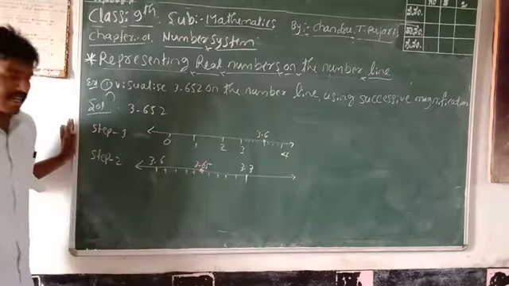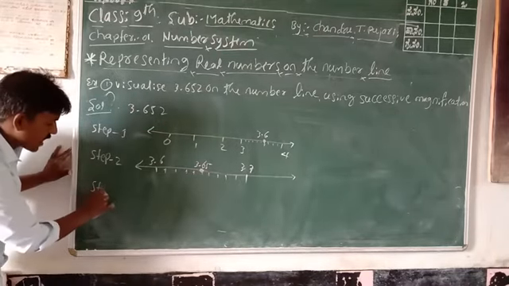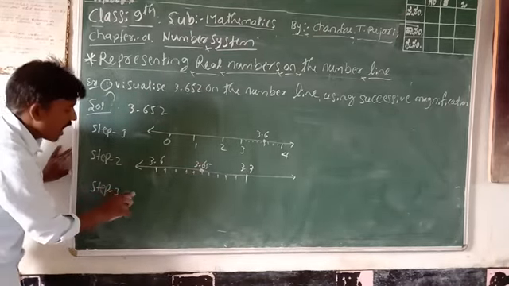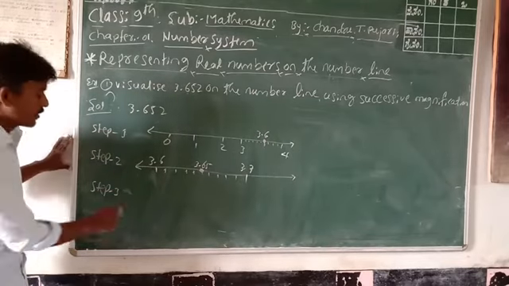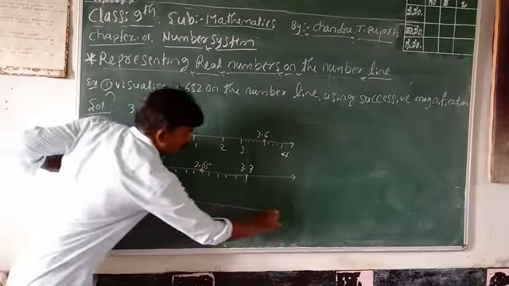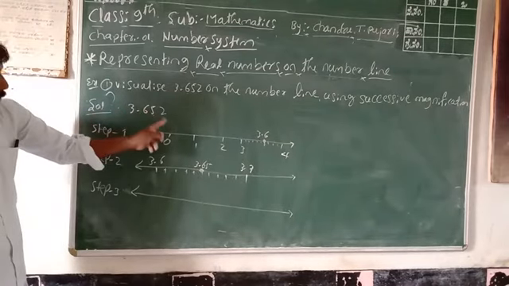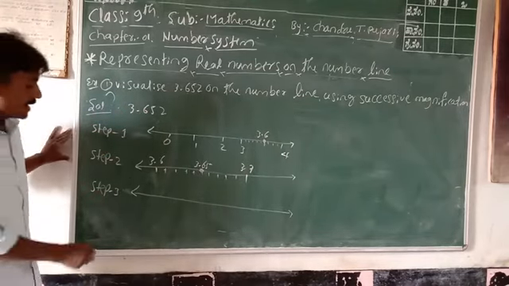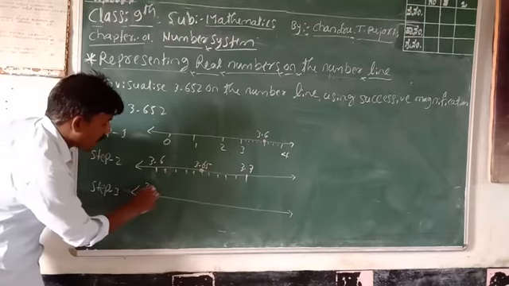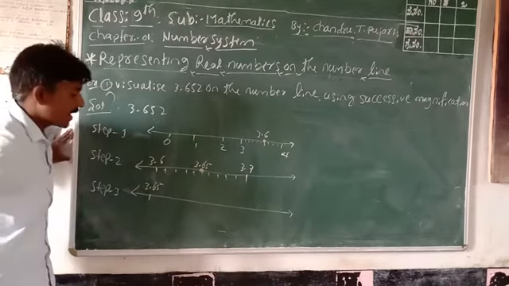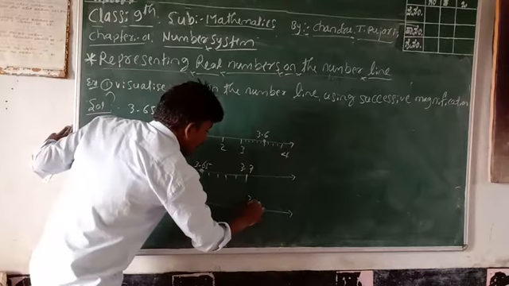Next, step 3: again write this whole number and draw one number line. To mark 3.652, the starting number is 3.65 and the other side is 3.66.